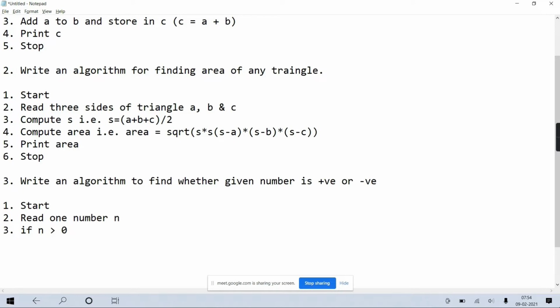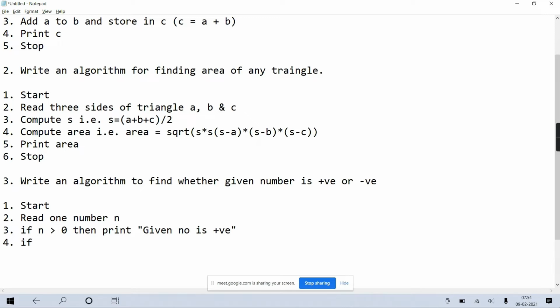So if n is greater than 0, then we are going to display that the given number is positive, right? So print positive, or in more detail, the given number is positive.